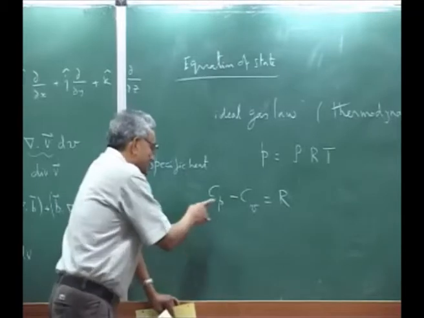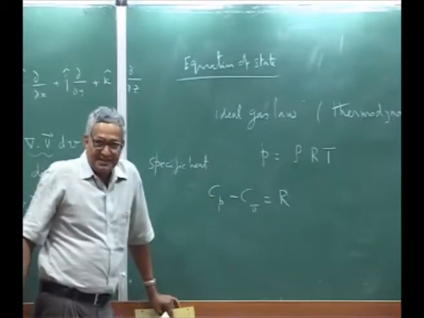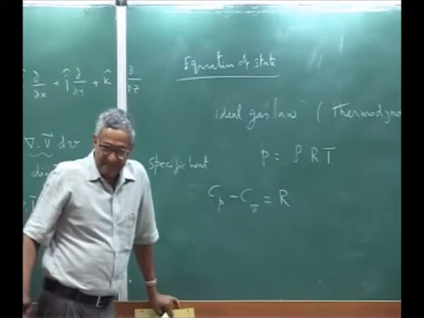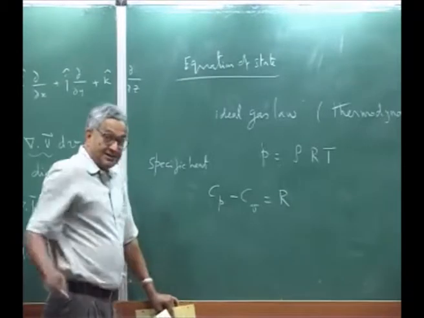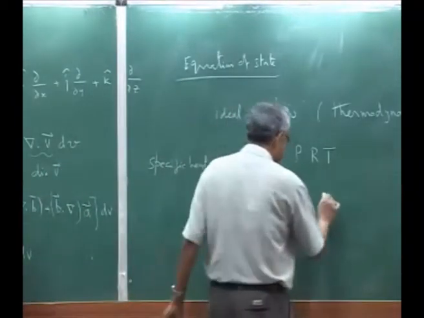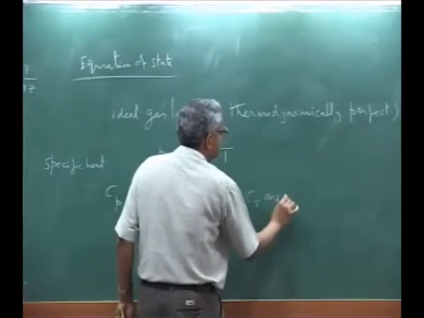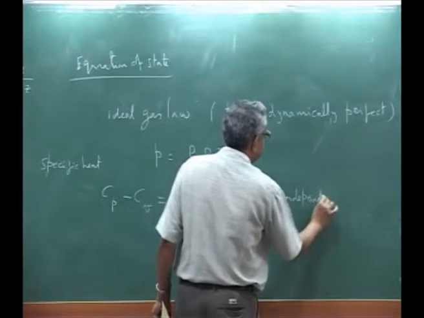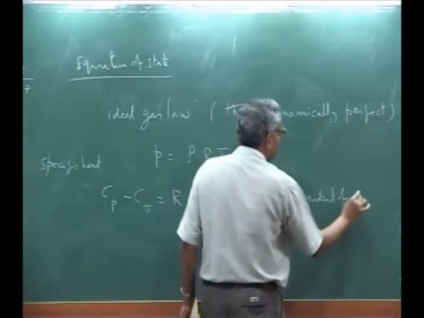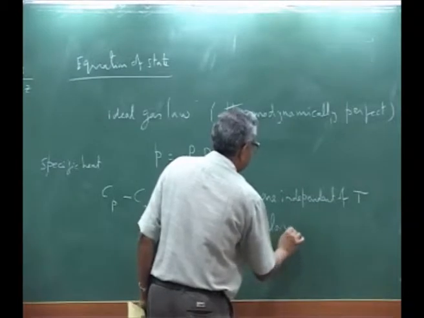If you assume that these two are independent of temperature, then this is called calorically perfect. That is, Cp and Cv are independent of temperature.